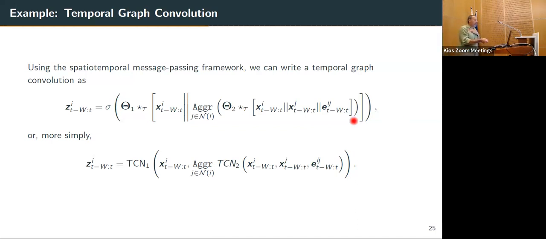Through these parameters, which are theta 2. These parameters are not only one mask, one kernel, but a set of kernels, like in a CNN. What is coming up is aggregated, it is a message. So this message needs to be aggregated.